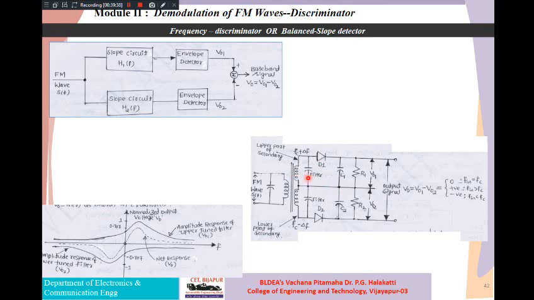The upper tuned filter has H1 of f, and the lower tuned filter has the transfer characteristic H2 of f, exactly opposite to each other. The distance between the peaks is 3 dB, as shown by the dotted line.